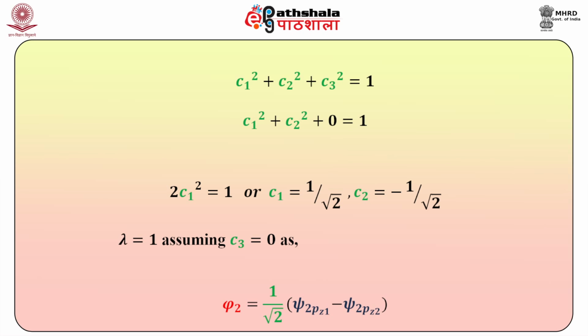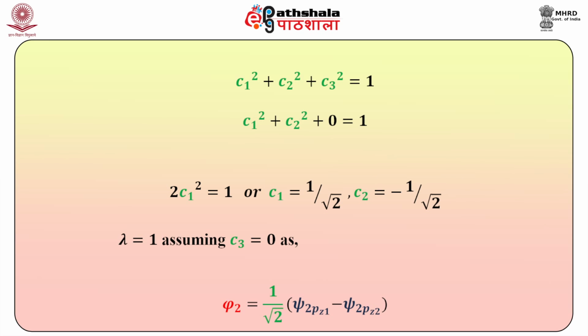Therefore, using these two sets of equations, one can calculate the values of C1 and C2 when C3 is equal to 0. These two values come out to be, as you can see here, C1 is equal to 1 upon under root 2 and C2 is equal to minus 1 upon under root 2.